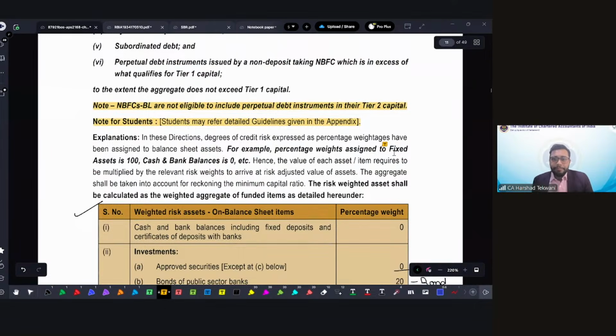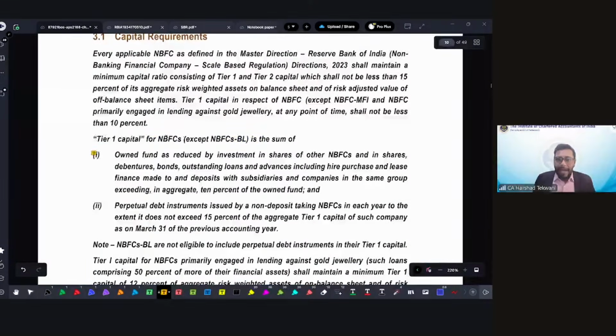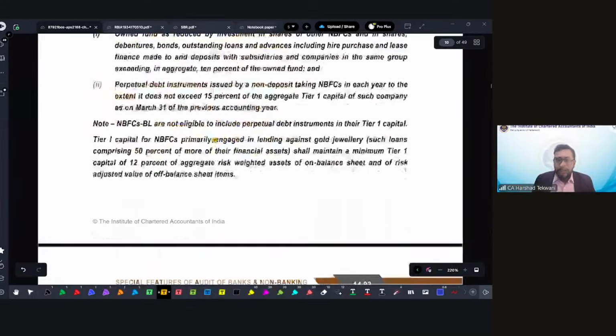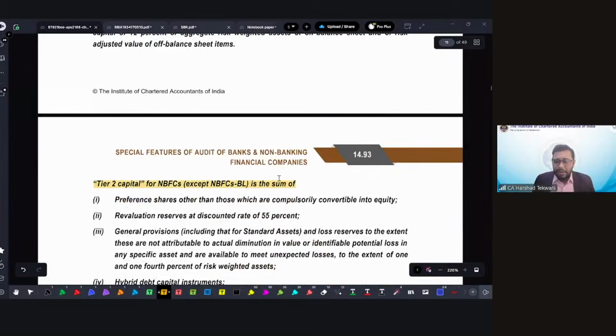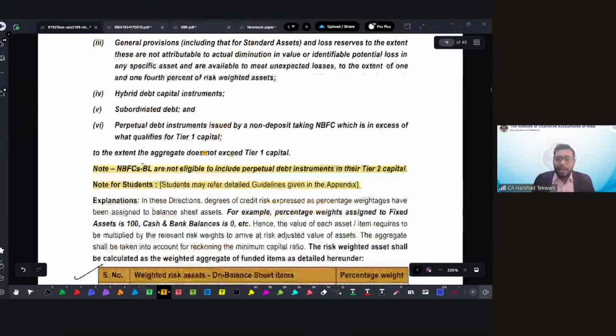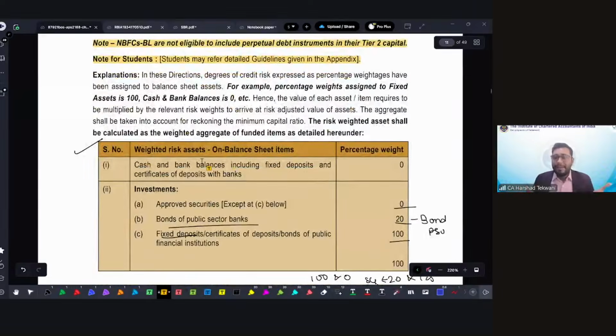Clear? Right, sir. So till now, we have understood tier 1 capital, tier 2 capital, the requirement of this table, why this table is there, and what the use of this table is. So with tier 1 capital and tier 2 capital, you need to check whether they are meeting the requirement. The requirement has to be calculated. It is not given directly in your regulation.